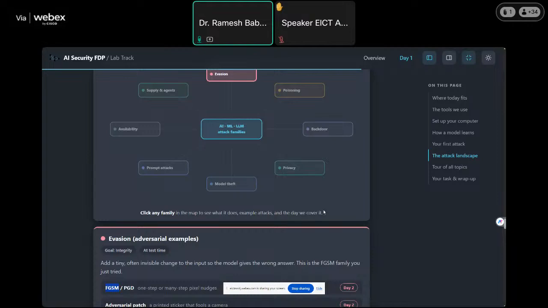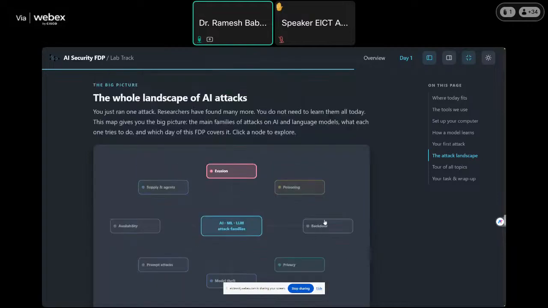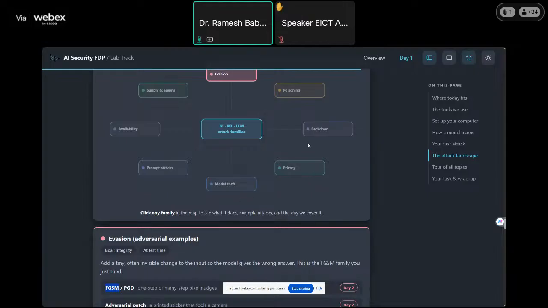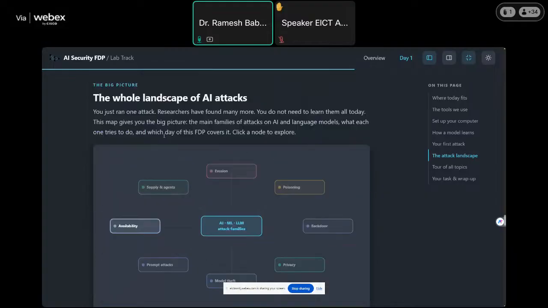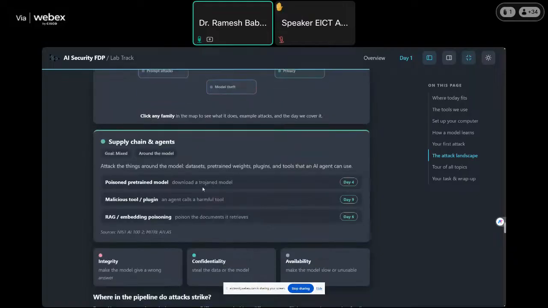As I've already said, not all types of attacks are addressed yet. There are a lot of model theft attacks, availability attacks, and supply and agent type attacks which are still unsolved. So you can solve them and have your own defenses for them.